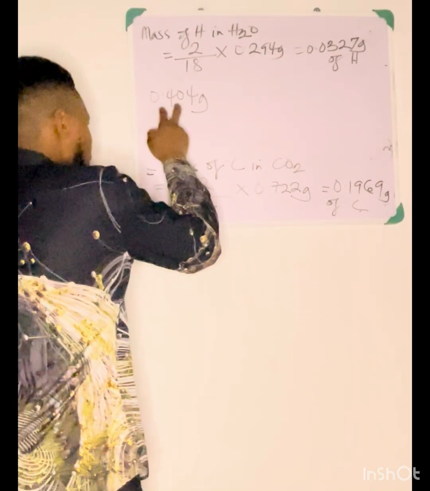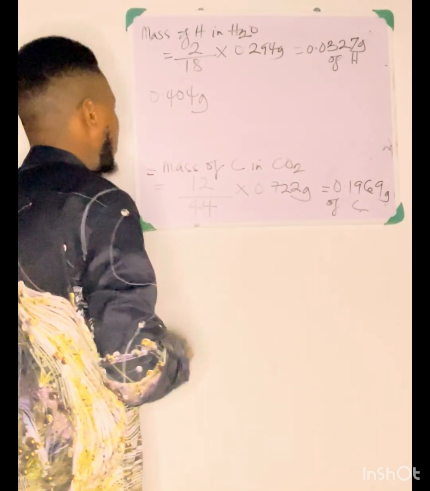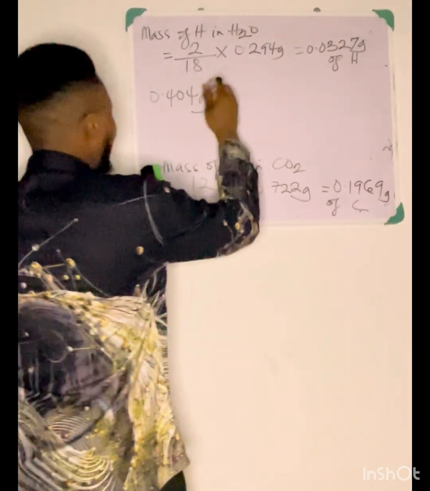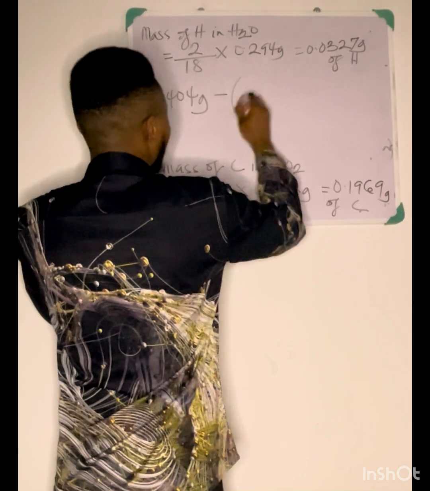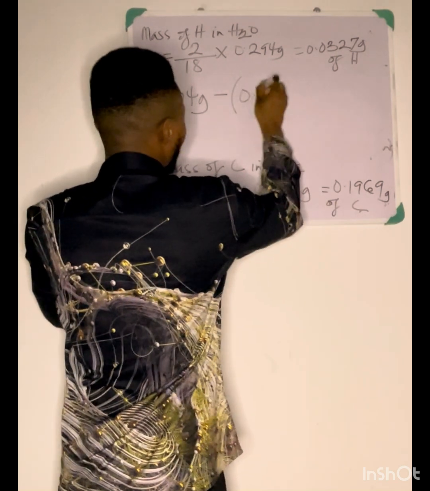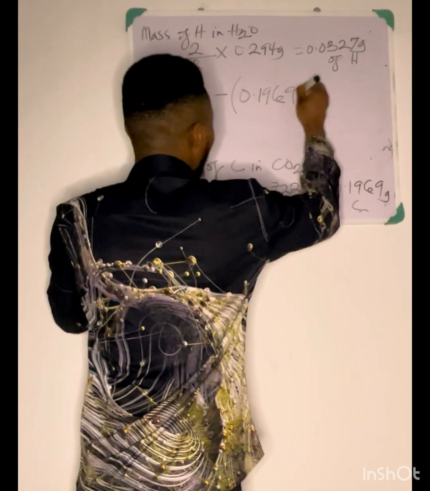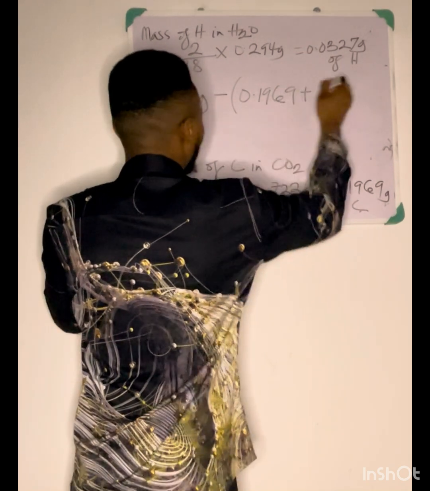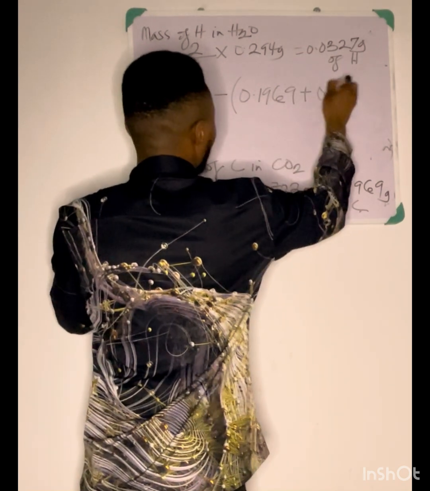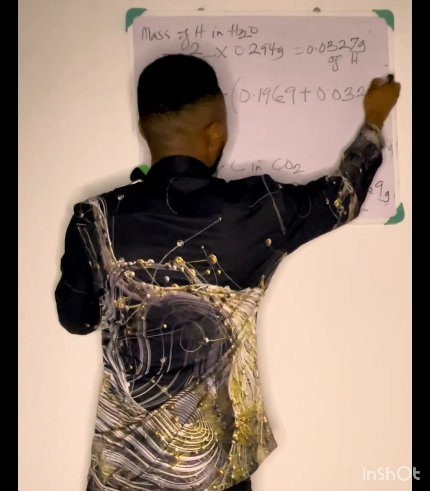So the mass of the compound is 0.404. We'll say minus, and we already know 0.1969 to be the mass of carbon, and the mass of hydrogen to be 0.0327.